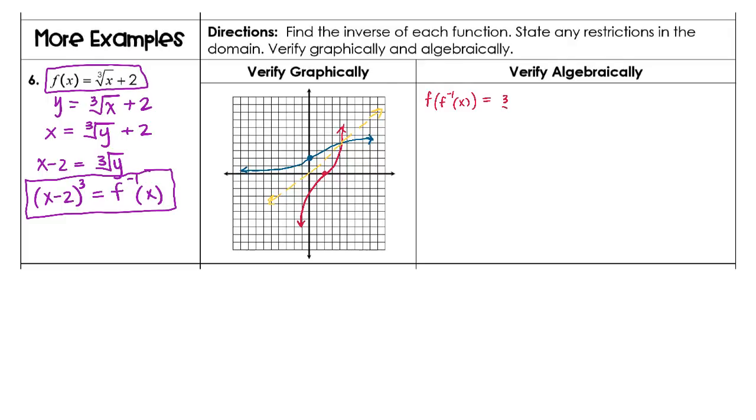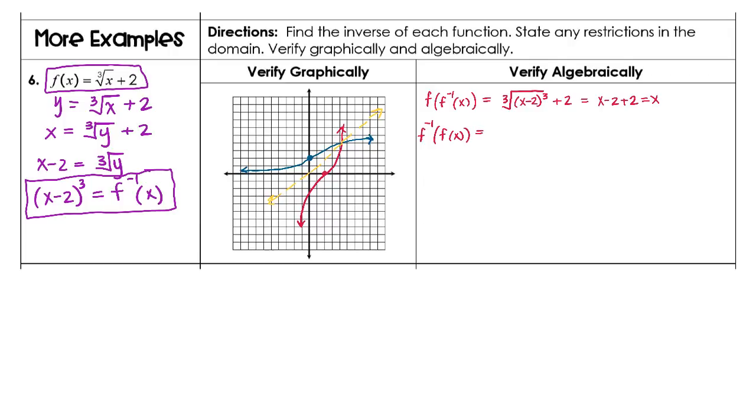So the original was the cube root of x, but in place of that cube root, I'm going to put the x minus 2 all cubed. And then we're going to have plus 2 out here to finish the problem. And notice that's going to give us x minus 2 plus 2, which is just x. Now we have to do f inverse of f at x.